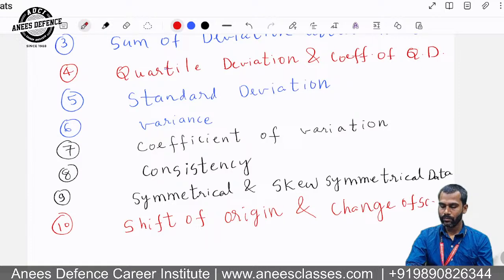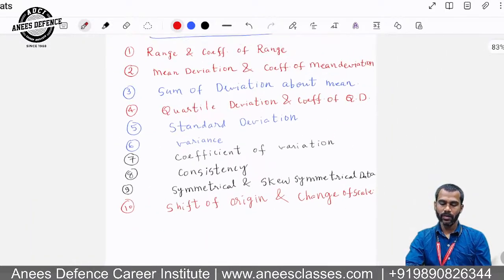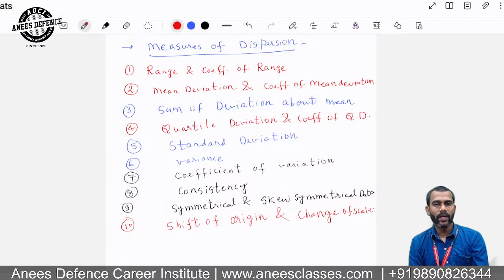So how many points we need to cover? 10 points in this section. Very important and very easy as well. Please note it down. So this is the syllabus, or the contents for this particular section. Only formula you need to remember. What is the meaning of dispersion? Difference or deviation, if you subtract something.